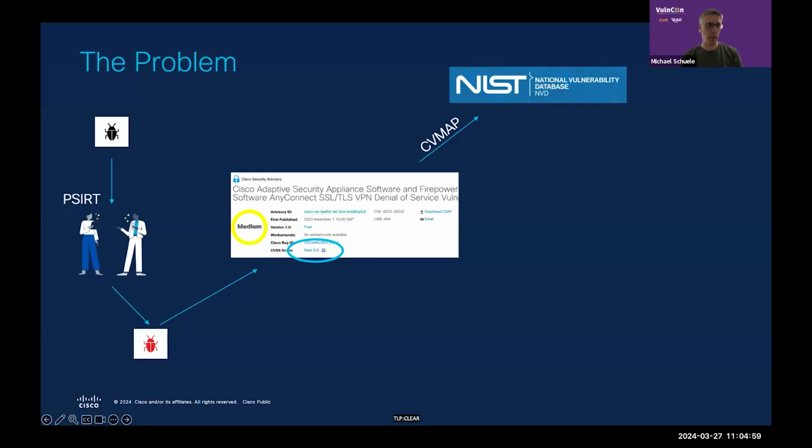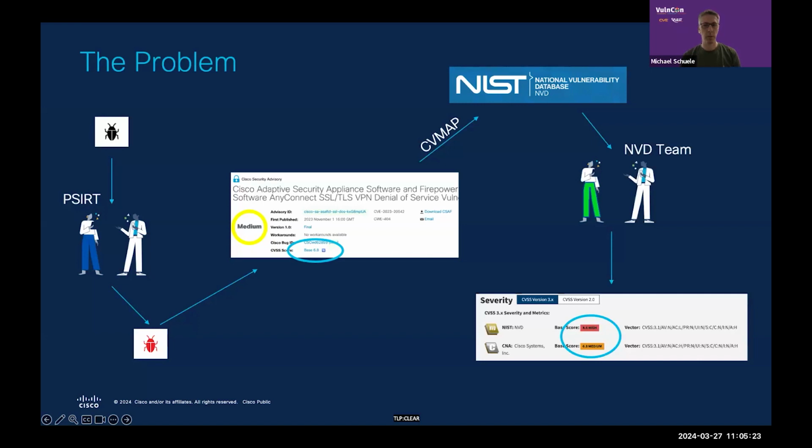Eventually, an analyst at the NVD side will review the CVE information that we submitted, and will also calculate their own CVSS score based on their view of the issue. So the NVD team will analyze the information and come up with their own score.